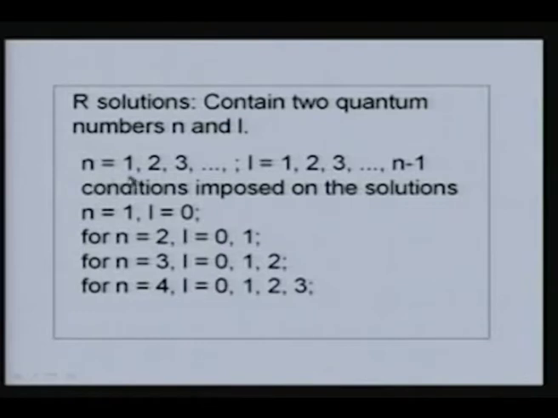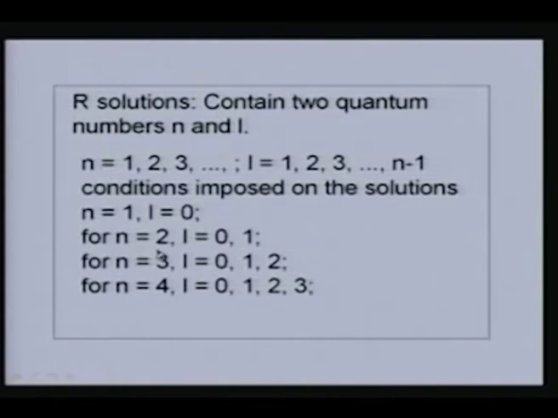The values of n can be integers, there is no n equal to 0, it starts with 1, 2, 3 etc. and L is bounded by the requirement of the n, namely L is up to n minus 1. Sorry, L equal to 0 is also allowed here, so please insert a 0 in the slide. There is a 0 here that is missing. So n is equal to 1, the only solution is L equal to 0.